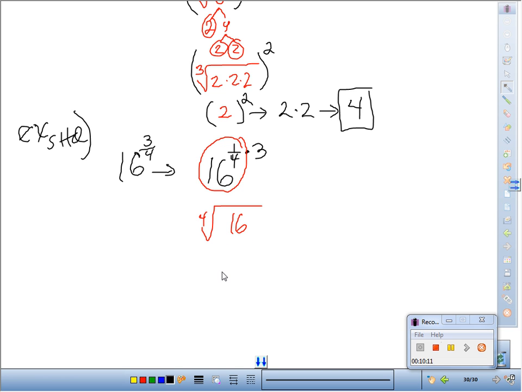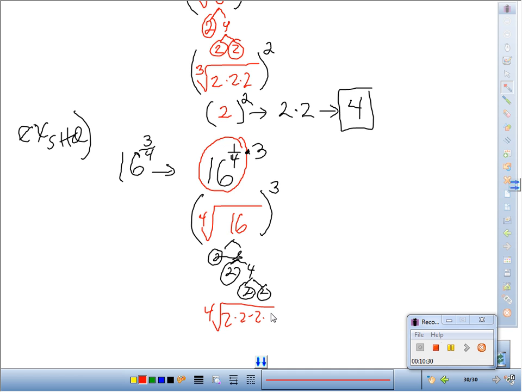And the multiplication indicates that we open up parentheses and the power goes outside. So far, so good. This becomes 2 times 8, 2 times 4, 2 times 2. So this becomes 4th root of 2 times 2 times 2 times 2 to the 3rd power. Sorry.